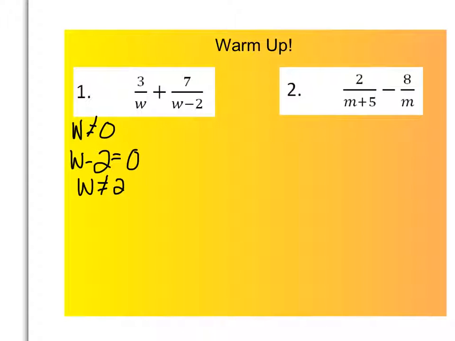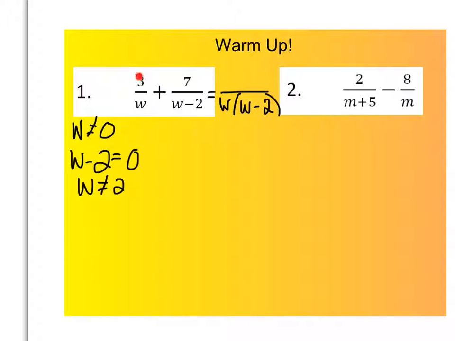So now, unlike multiplication and division, now we have to find that common denominator. So the first fraction has a w, and the second one has a w minus 2. So each part, we have a w and a w minus 2.